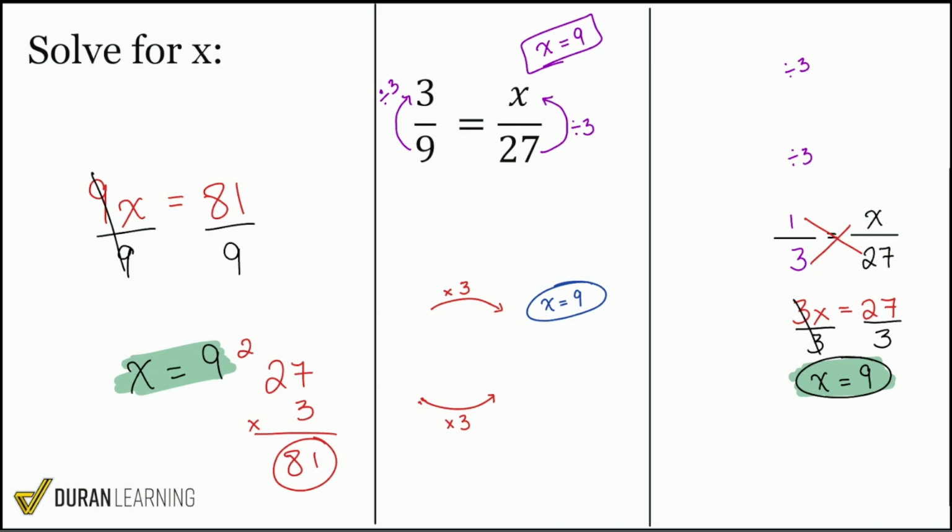What's the technique that we can always do if we don't notice the conveniences? What can we always do? Catherine, appreciate you. Cross, multiply, and divide. We can always do that no matter what. So you don't have to waste time hoping and wishing for a convenient situation. If you don't see it, you don't see it. Just go ahead and cross, multiply, and divide, and you're fine.